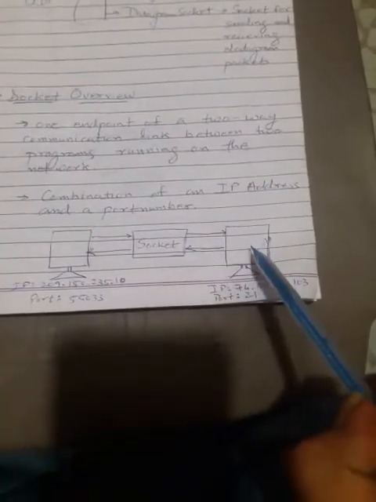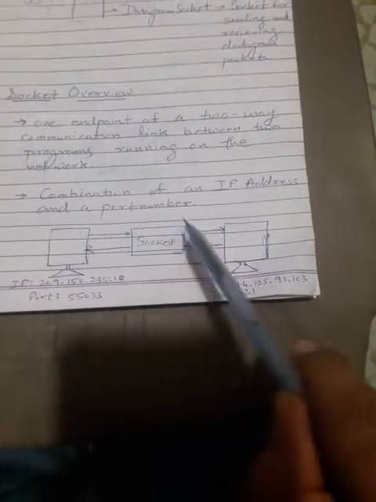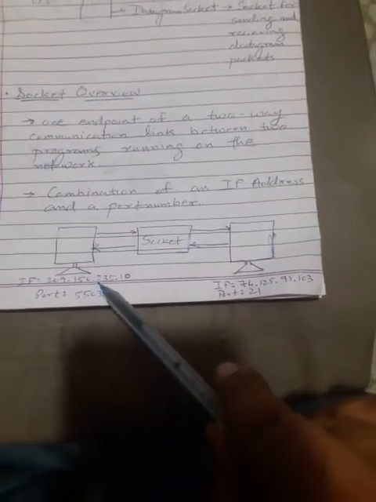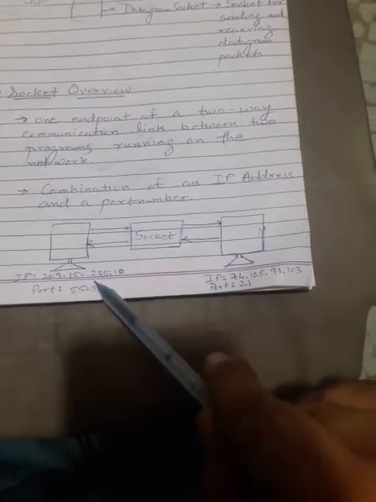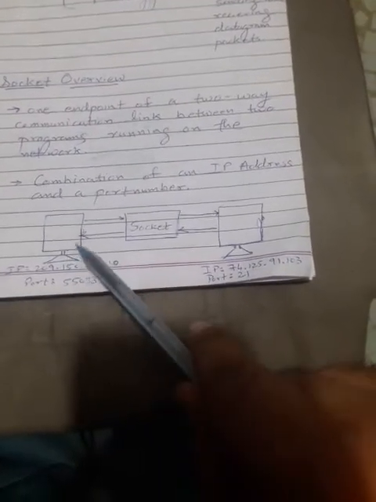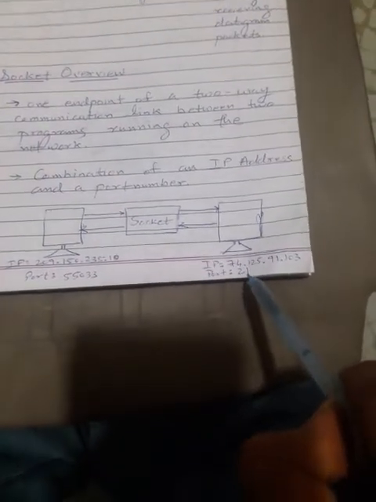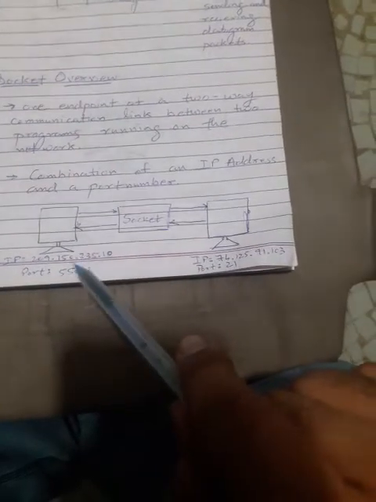Here the example is given, the two different machines are communicating using this socket. Now here what is the socket? This IP address is given here for this machine and port number is also given, and here are the different IP address and different port number. So these two are bound to make one socket, and these two are bound to make one socket for the communication to be done between the two.